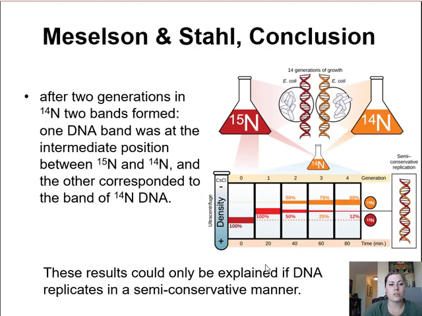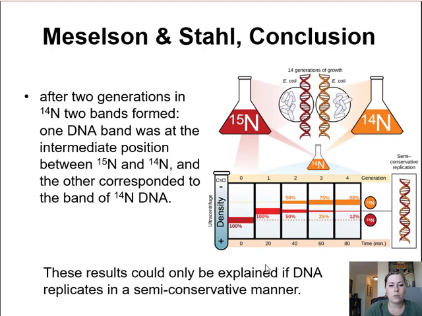After two generations in the lighter isotope of nitrogen, two bands formed. One band was at the intermediate position between the lighter and heavier isotope, and the other corresponded to the band of the lighter isotope DNA.